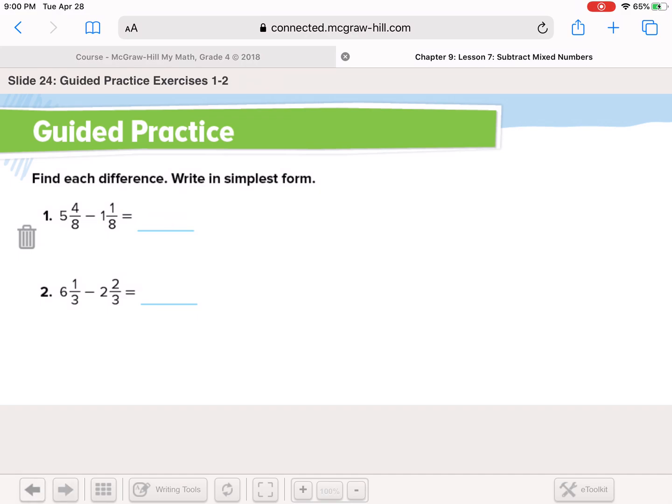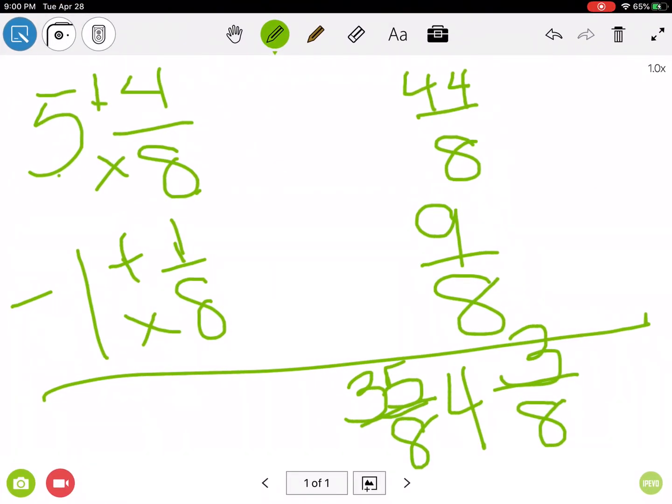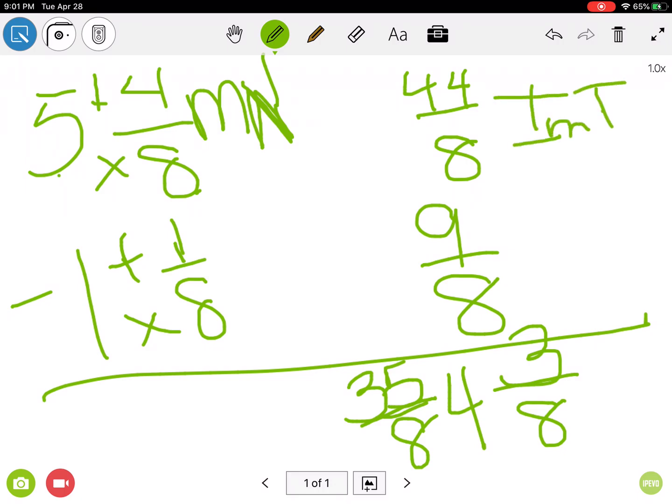Okay. I just want to have you look at that. I wasn't sure I was right. Okay, so what I did was I made my mixed number into an improper fraction. An improper fraction is when the numerator is larger than the denominator. And then I just subtracted it.